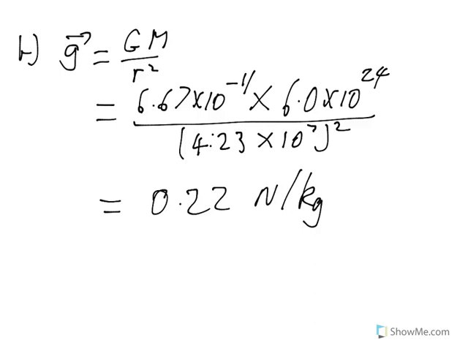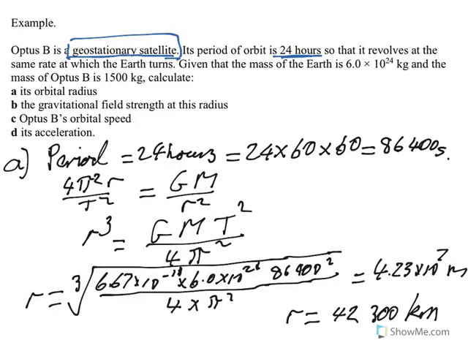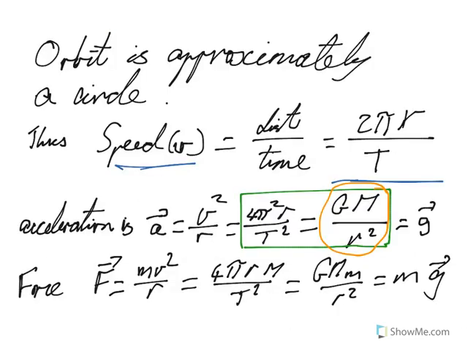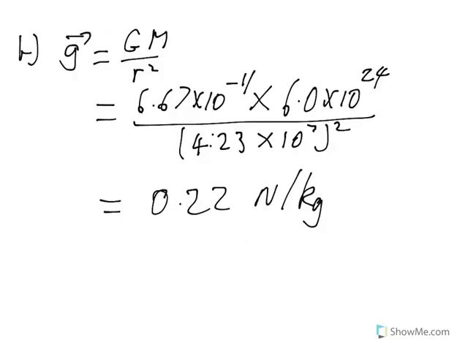The next part of the question says orbital speed. So let's come back up here, orbital speed. I've underlined it, there it is, 2πr on T, so we know the radius and we know the period.